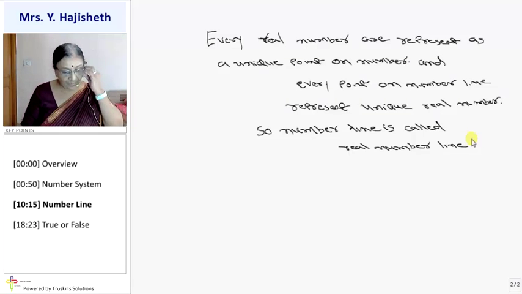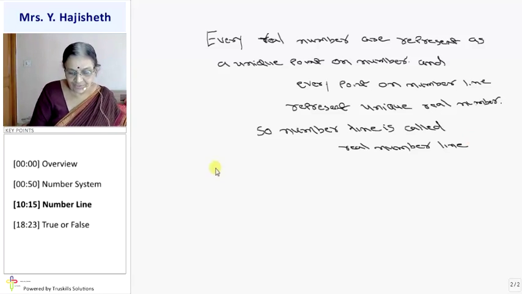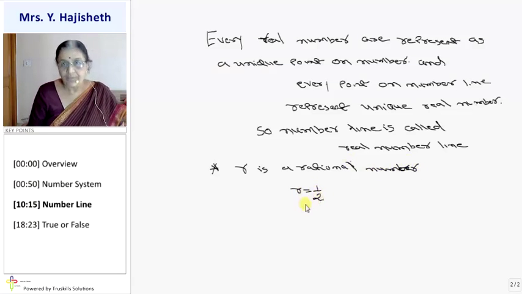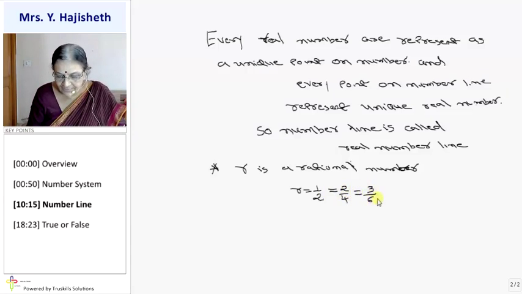Right? Now see, suppose R is a rational number, okay? Suppose R is 1/2. Then 1/2 can also be written as 2/4. It is also written as 3/6.